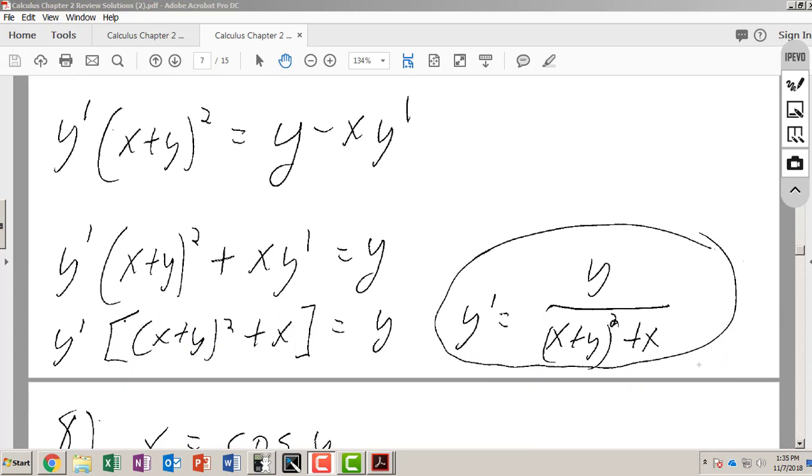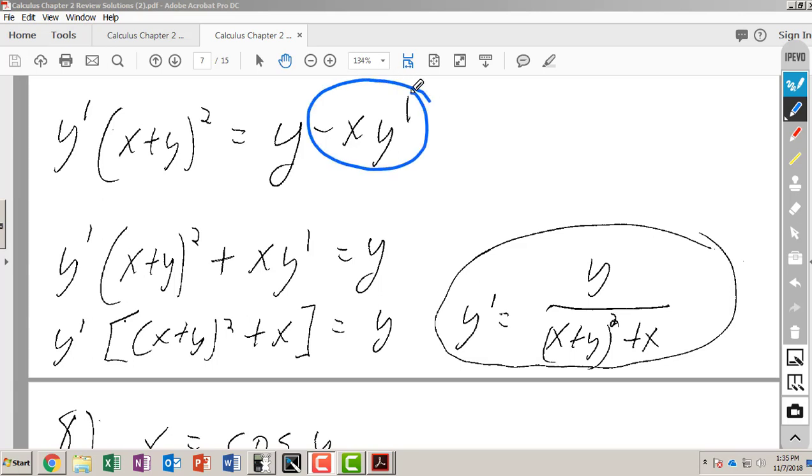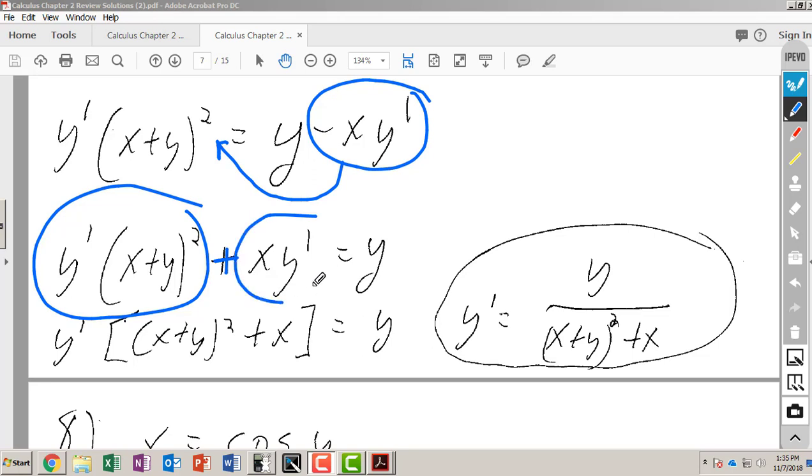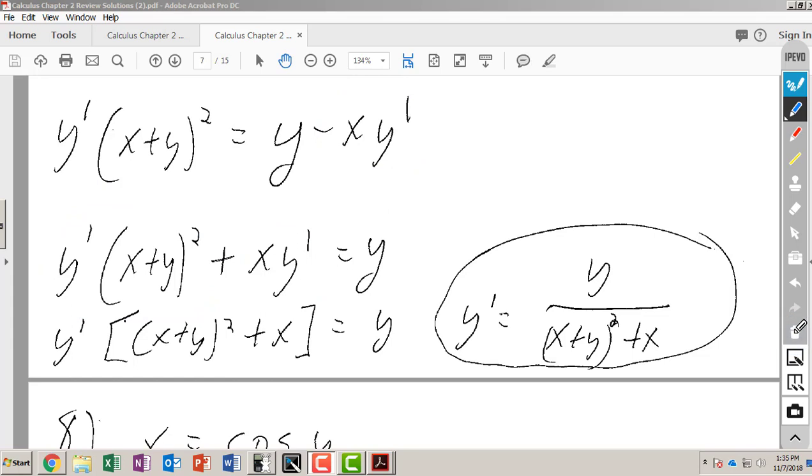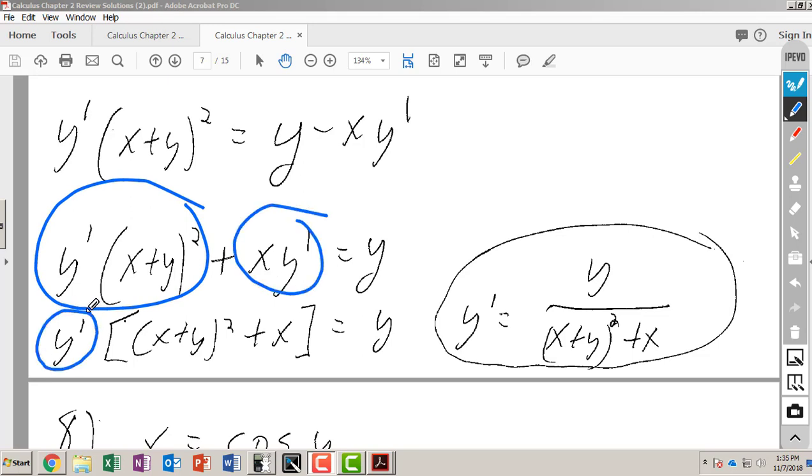So notice here is my xy prime. I need to move it to the other side by adding it. So I've got still my y prime times x plus y squared. Now I add this to the other side, so I've got plus my xy prime, and that all equals y. Now that I've done that, I can factor out from this side my y prime. So I factor that out, put it out front, and I'm just left with x plus y squared plus x.